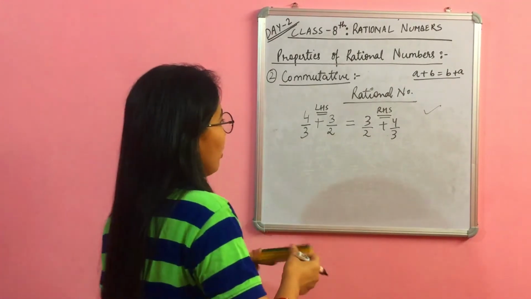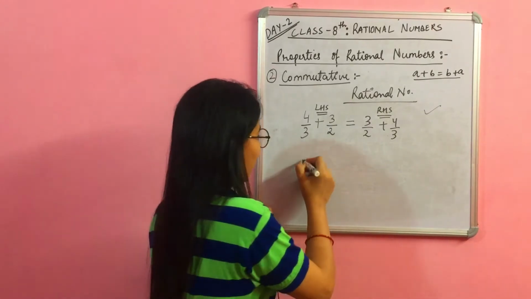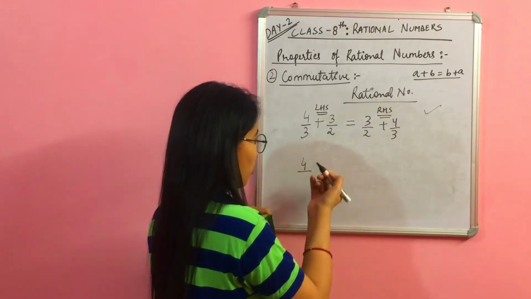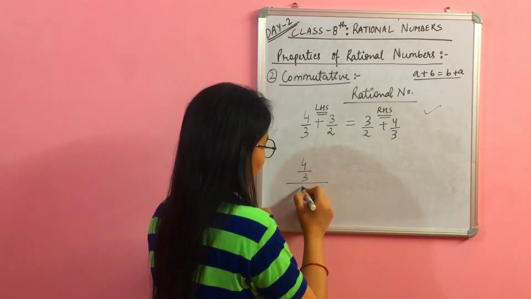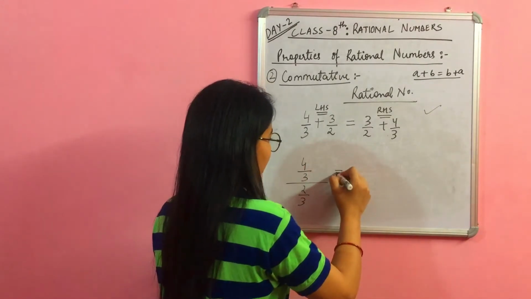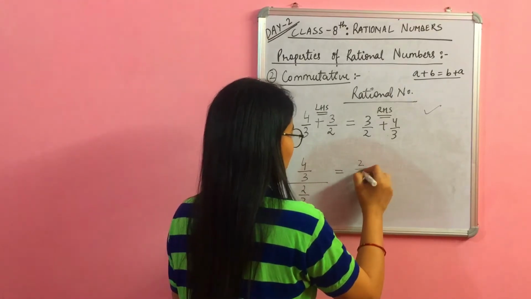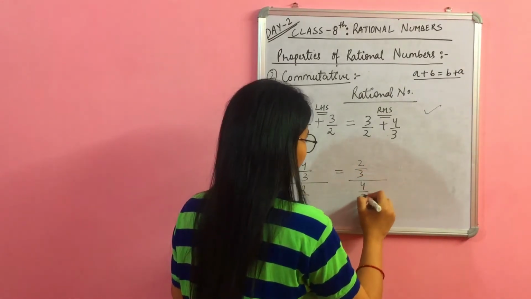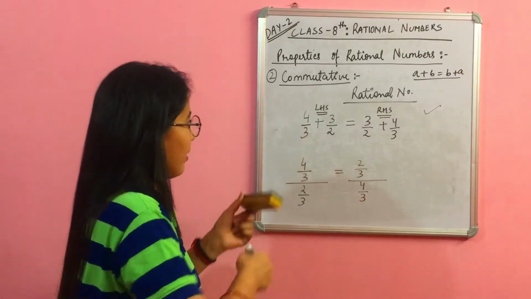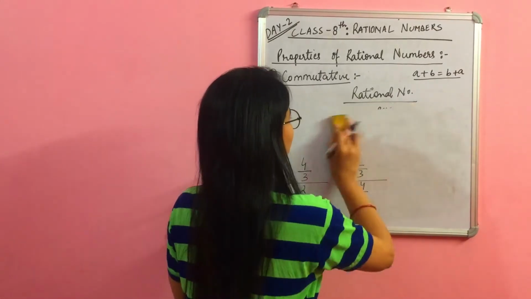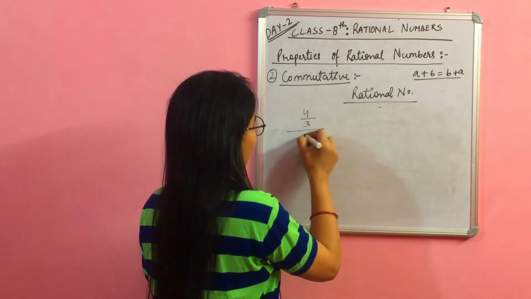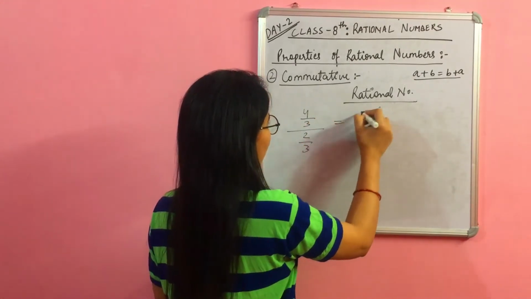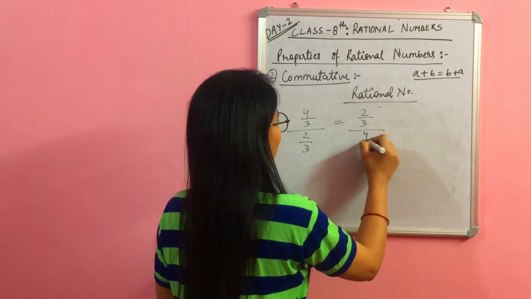Now let us check for division as well. Let us say I am having two rational numbers, 4 upon 3 divided by 2 upon 3. This must be equal to 2 upon 3 divided by 4 upon 3, right? So I'll just rub this one so that you can better understand. 4 upon 3 divided by 2 upon 3 is equal to 2 upon 3 divided by 4 upon 3.